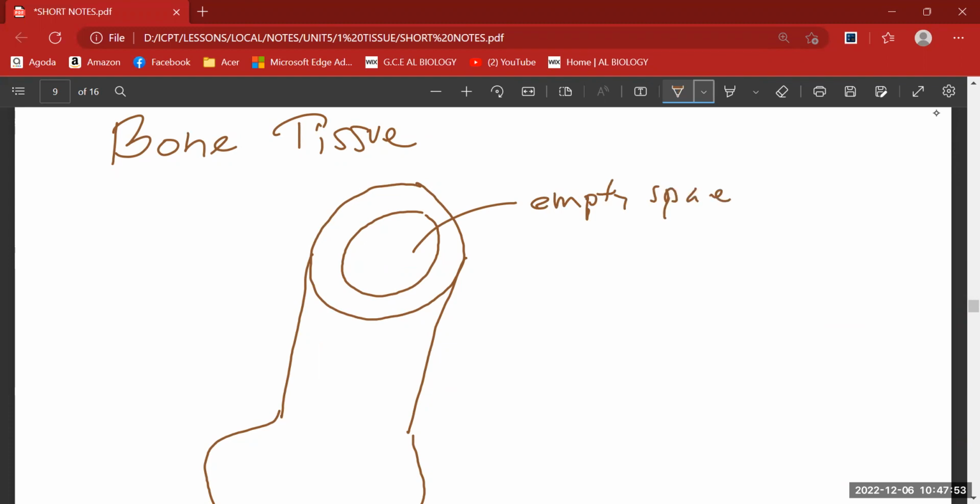But this empty space is not air space; it is filled with bone marrow. So there are cells and fat tissues. There are many cells and fat tissues.